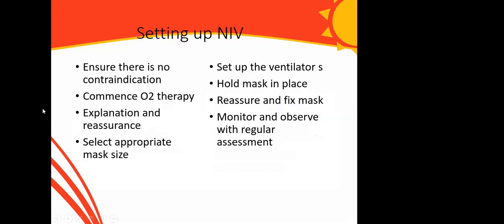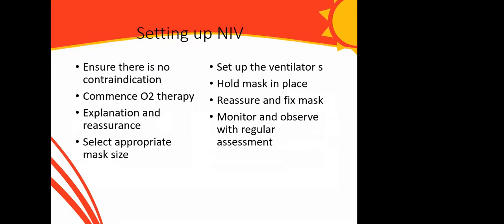Now, for you to set up non-invasive ventilation, number one, you need to ensure that there are no contraindications, which we're going to look at very soon, because there are contraindications. It's not every patient in respiratory failure that is deemed suitable for non-invasive ventilation.